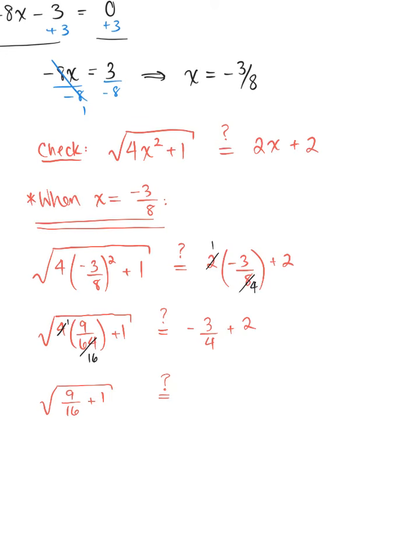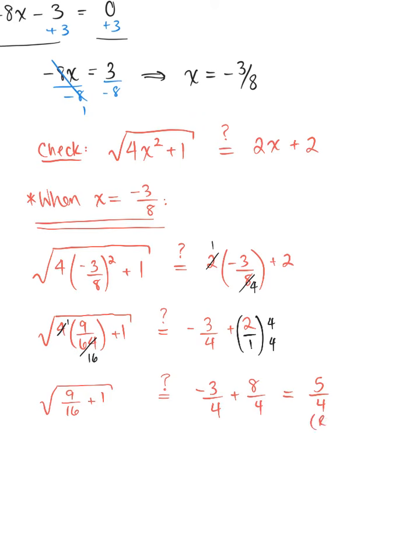So to combine these terms into a single fraction, I'm going to rewrite 2 as 2 divided by 1, and we'll multiply the top and bottom here by 4 to get a common denominator. So that becomes negative 3/4 plus 8/4. And if we combine those together, we can simplify to 8 minus 3, which is 5/4.